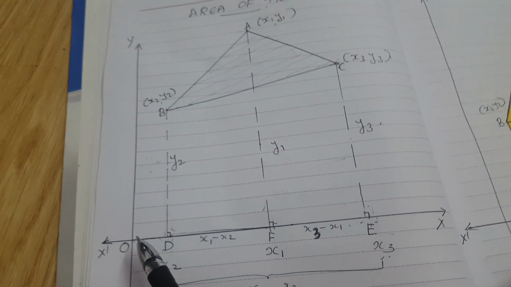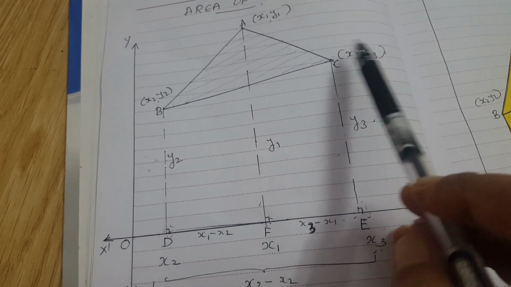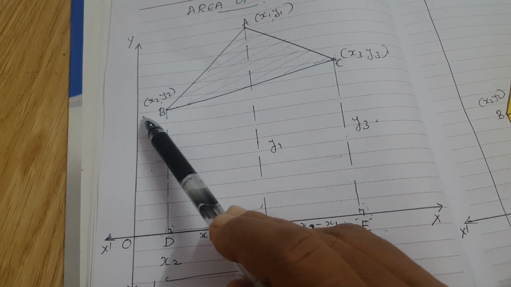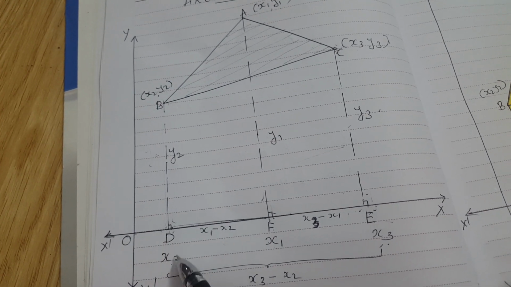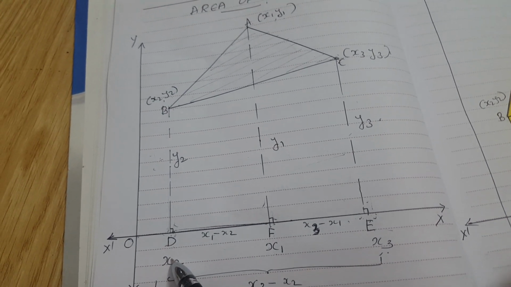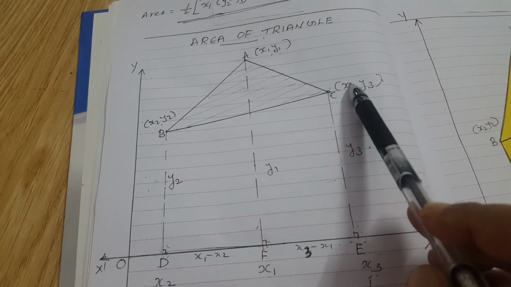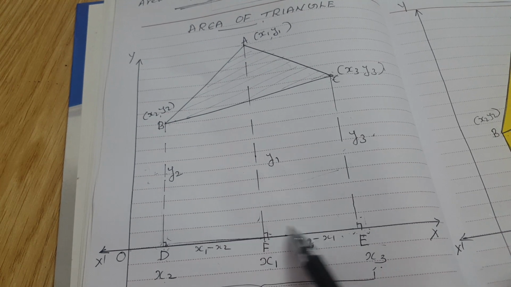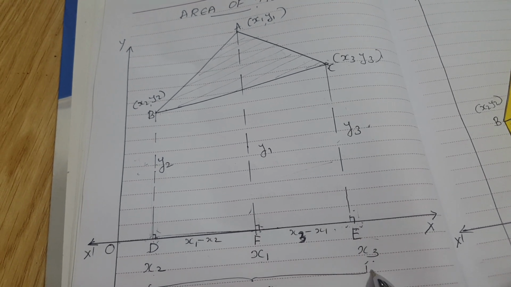So certainly OF is x1. Then the point (x2, y2), so this length is x2. So OD is the length x2. And this point (x3, y3), so this length is x3. So certainly OE is x3 units, that is, E is the point x3.